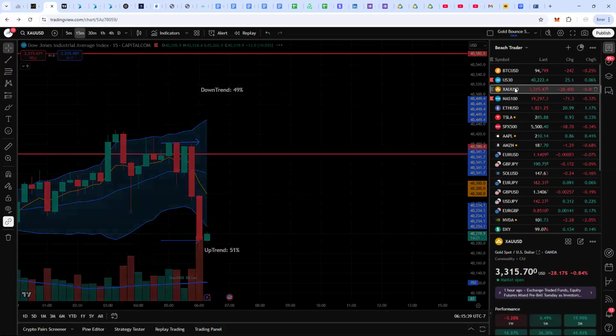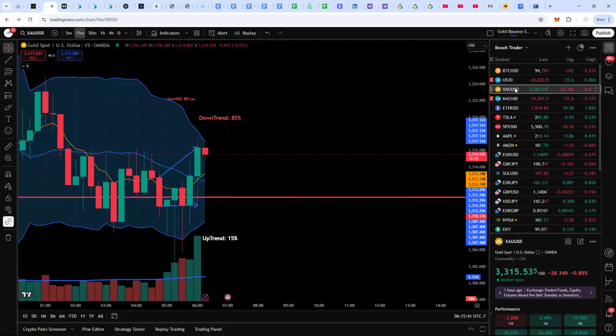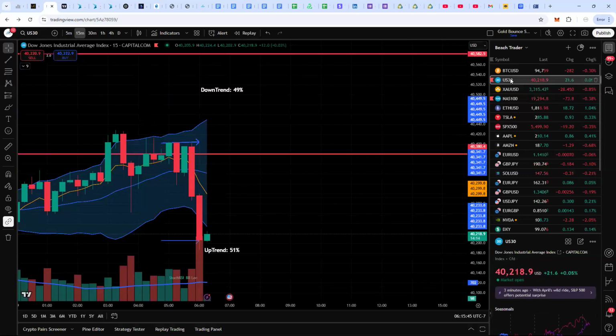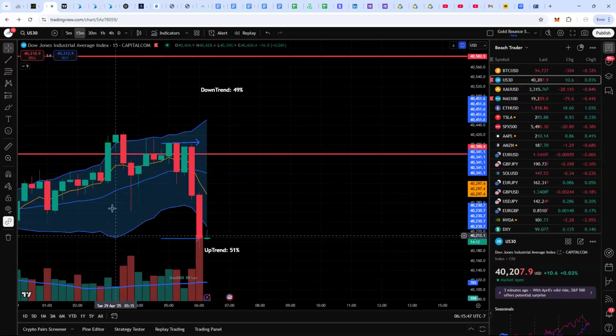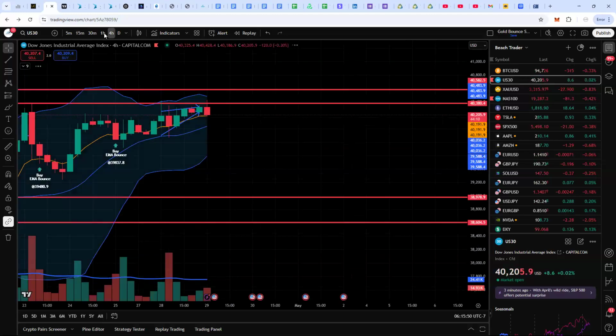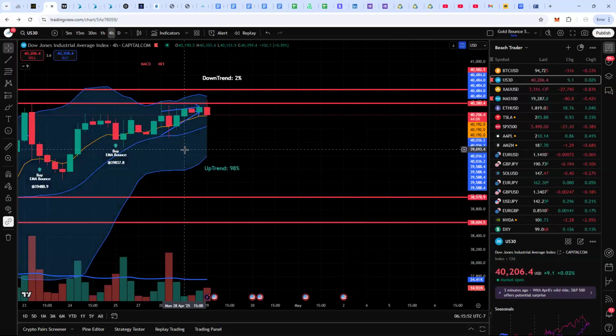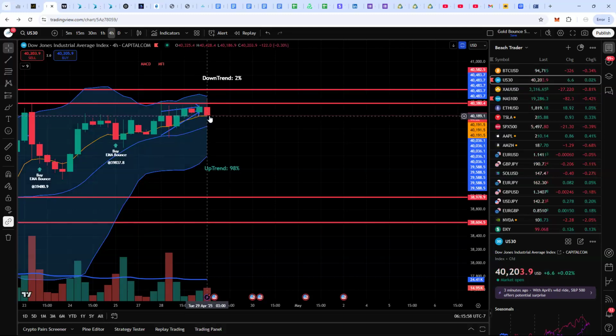All right, this is a little funky. We would want gold to come down some more to go up. US30, let's look at some higher time frames and see. On the 4 hours is right here. On the EMA, this looks like a good trade to go up.